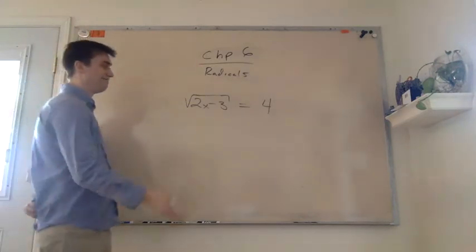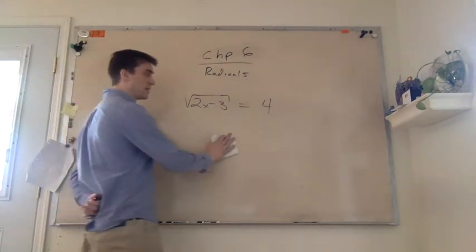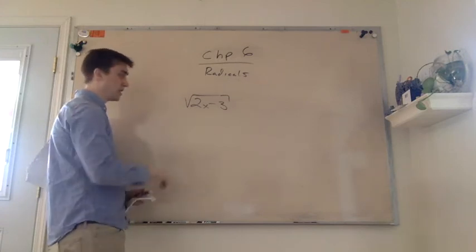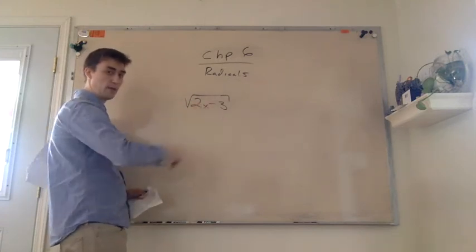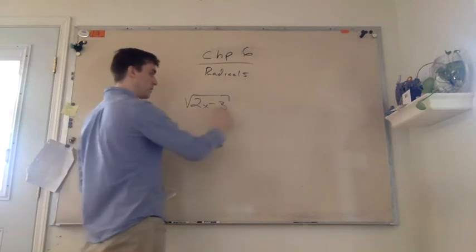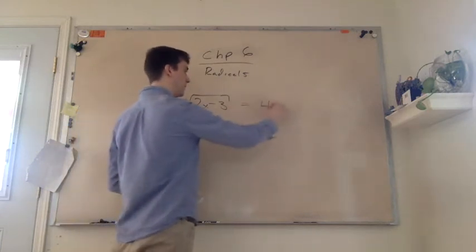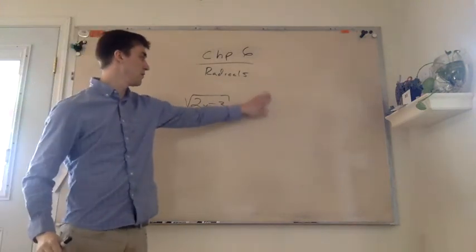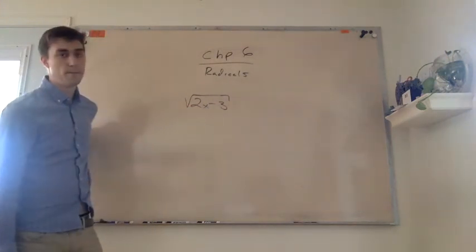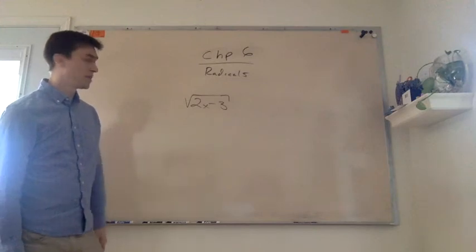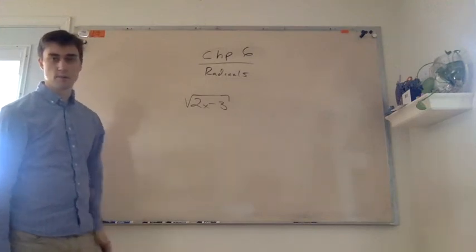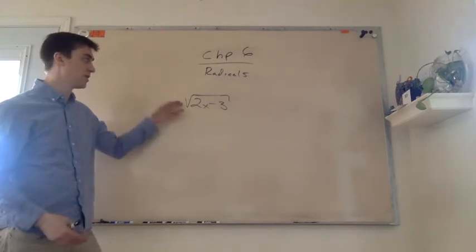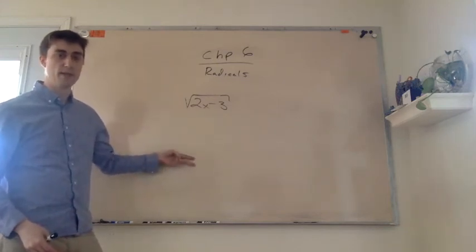So I just want to, again, say the difference between just the square root of 2x minus 3, and the square root of 2x minus 3 equals 4 is huge. If you only had the square root of 2x minus 3, that's just an expression. You really can't do anything with that. If it was simplifiable, okay, maybe simplify it.